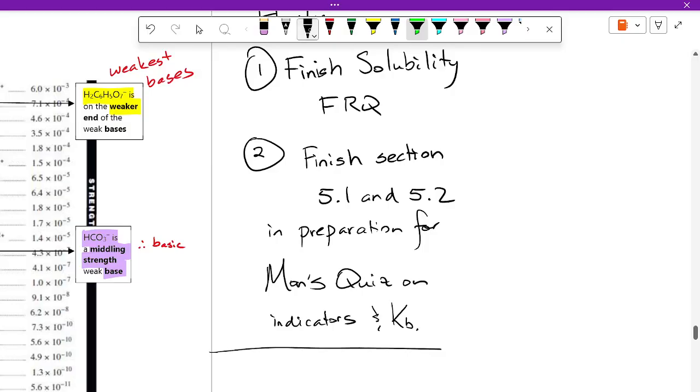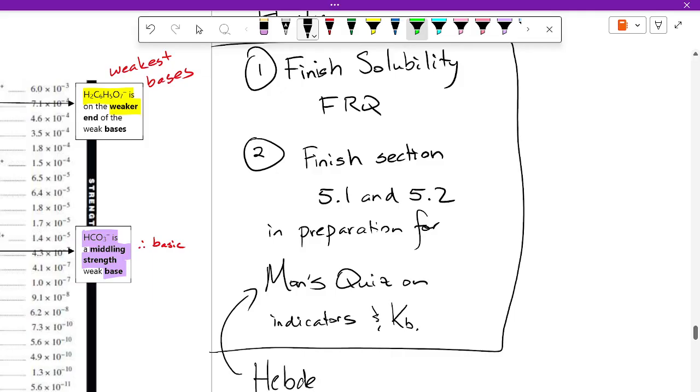Also, I'll give you the Hebden sections that are relevant as well. I think for the quiz, it's Hebden 4.9, 4.15, and 4.17.